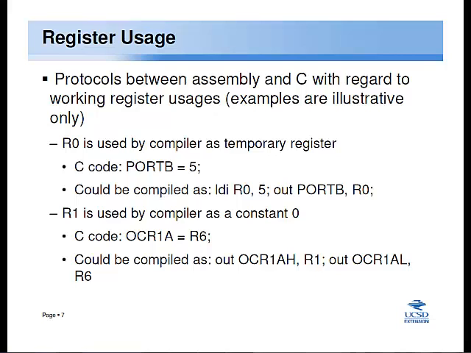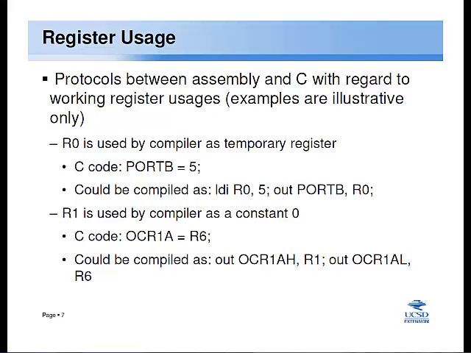So these are the examples that I added. For example, in your C code, you put PORTB equal to 5. Remember, in the PORTB equal to 5 case, we are moving a constant to an IO register, and there's no instruction that can do this directly. Remember, the IO register will only use OUT and IN, so anything with a constant you need to do LDI, right?